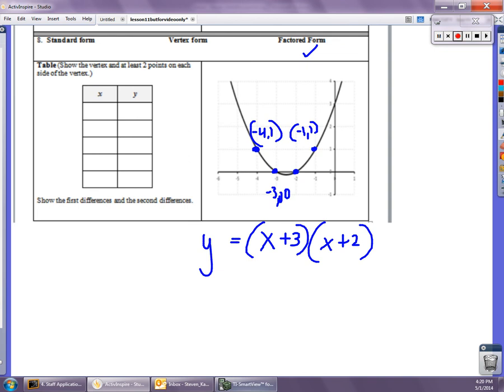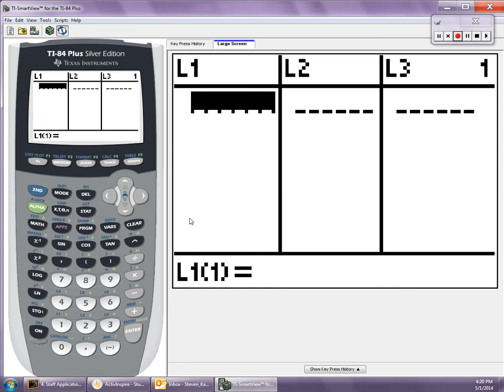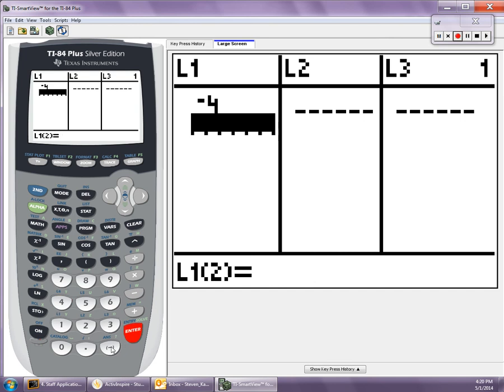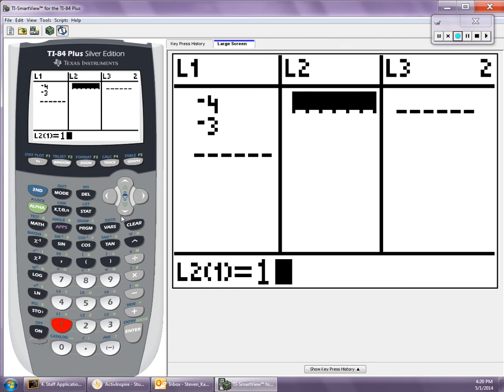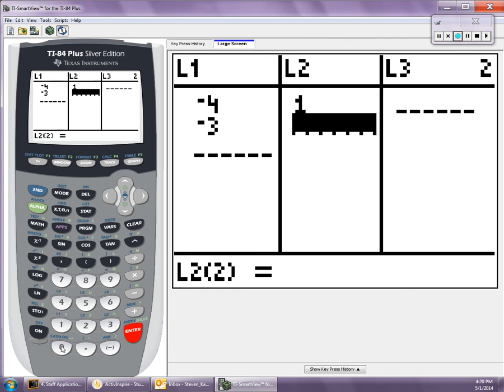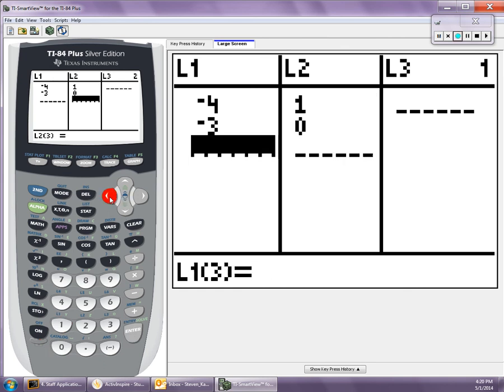But if I do put in negative 4, 1, negative 3, 0, so we have negative 4, 1, negative 3, 0. Then I think we also had a negative 2, 0.